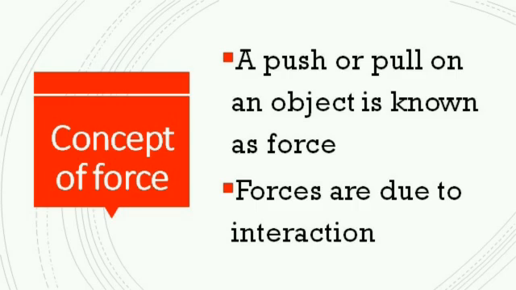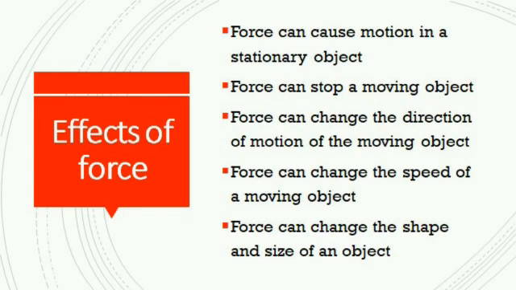The effects of force: force will make an object move. Force is used to make a moving object stop, and force changes the shape and size of an object. Force changes the direction of a moving object. These are the effects of force, right?